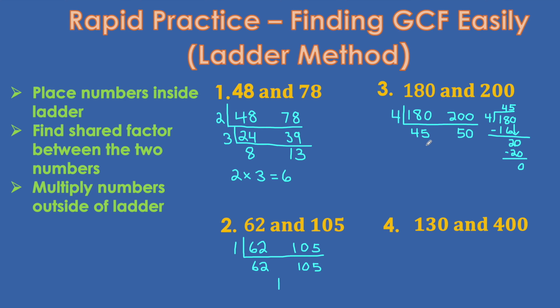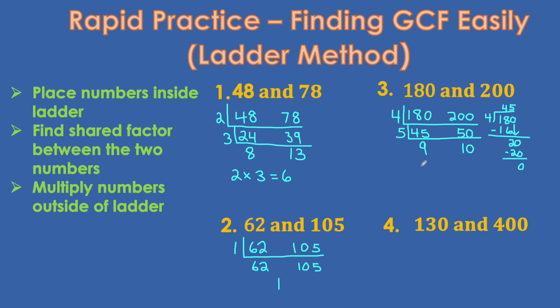We are still not finished here because we have another factor besides 1 that is in common, which is the factor 5. So we're going to draw our ladder sign. Put a 5 on the left side of the ladder. 5 goes into 45 9 times. 5 goes into 50 10 times.